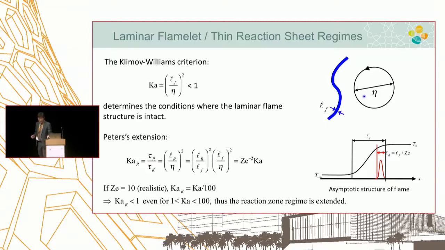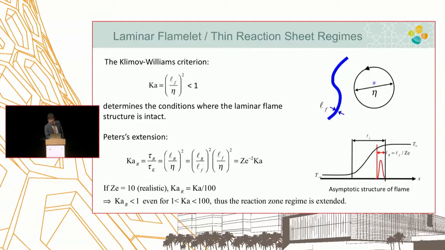So what happens as your Reynolds number increases? In a fixed box, imagine you're stirring it with a fan. The fan size will determine the integral scale eddies. And as you turn the fan faster and faster, the integral scale is fixed, but the small scale eddies get smaller and smaller, right? So there comes a point where the Kolmogorov eddy becomes comparable to the flame thickness.